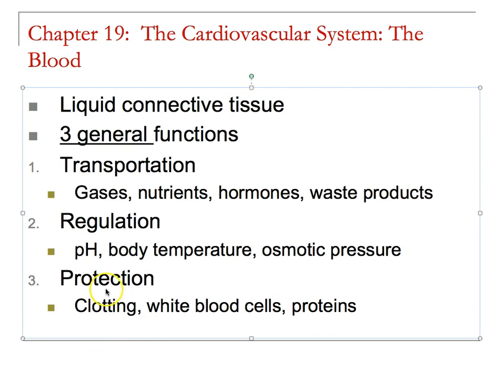Okay, so transportation. We're thinking about what are we actually transporting here. Everybody knows we're going to be transporting oxygen, right? So O2, yay, no problem with that. We're also going to be transporting carbon dioxide. We'll learn about that in a lot more detail, probably more than you want to know. And we also transport nitric oxide.